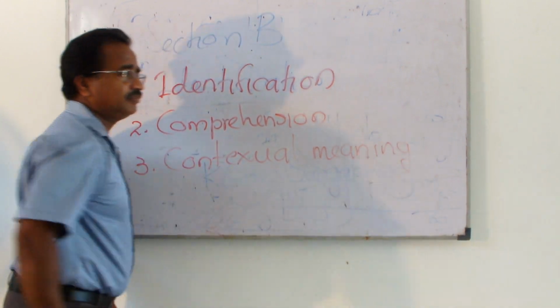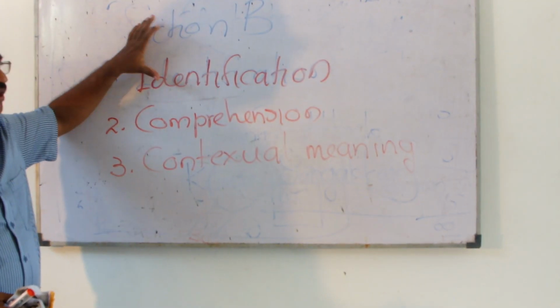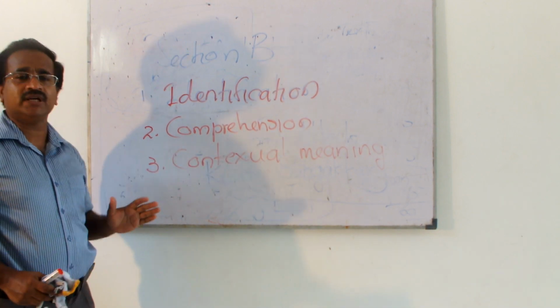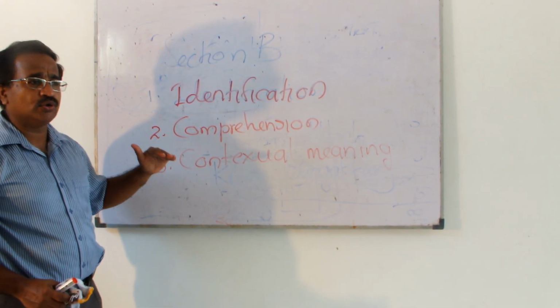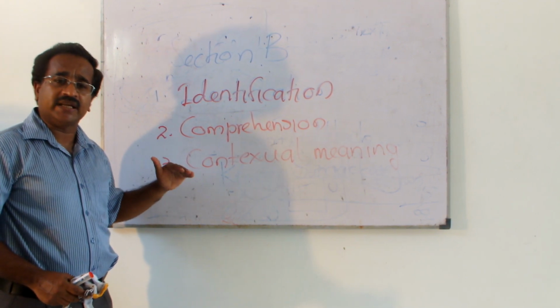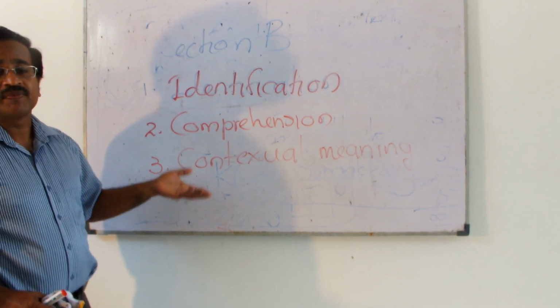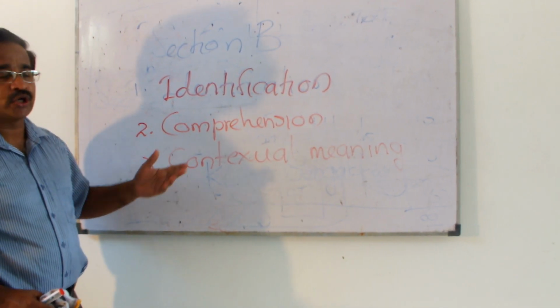You are given 2 words or 2 phrases from the given context, and you are expected to give the meaning according to the situation. Here you have to be very careful, because even though you know the meaning, the dictionary meaning may differ from the contextual meaning, what we call connotation.